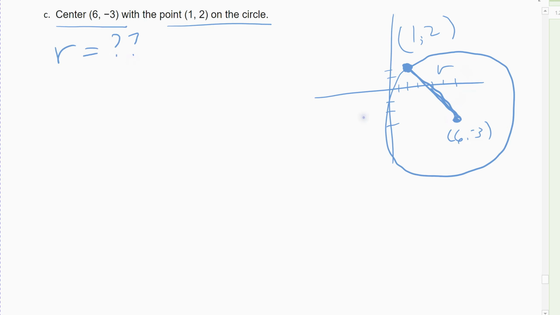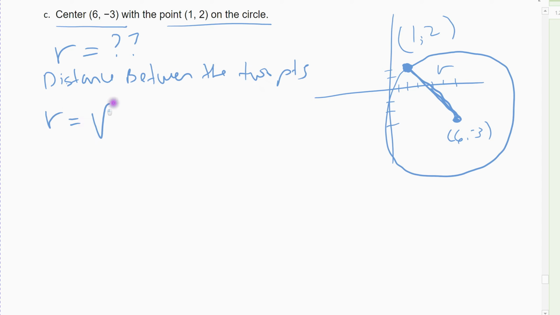But the radius is just a distance, and I have the distance formula. I can solve for the radius. The radius is just the distance between the 2 points, which I know how to find.